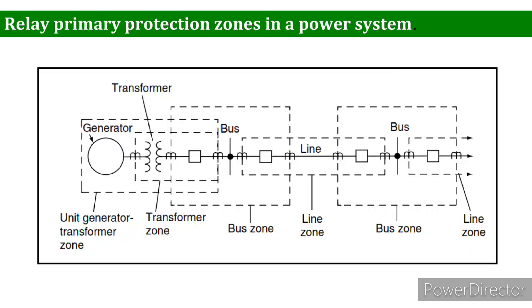Well, you can see in the figure there are different protection zones depicted, that we studied earlier in the last slide. The fundamentals of the protection are quite similar for these six categories.